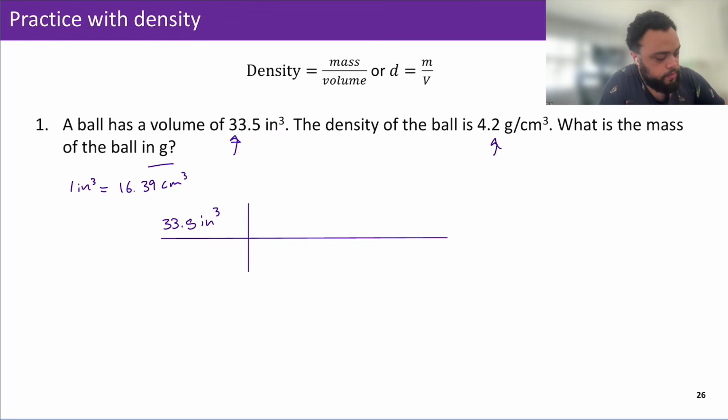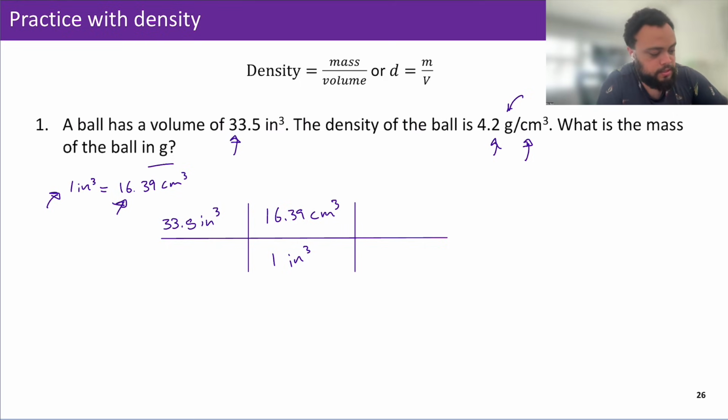We can then use this conversion factor to find the amount of volume in cubic centimeters. We can then use cubic centimeters to convert that to grams. And so 13.5 cubic inches for every 1 inch cubed, we have 16.39 cubic centimeters.